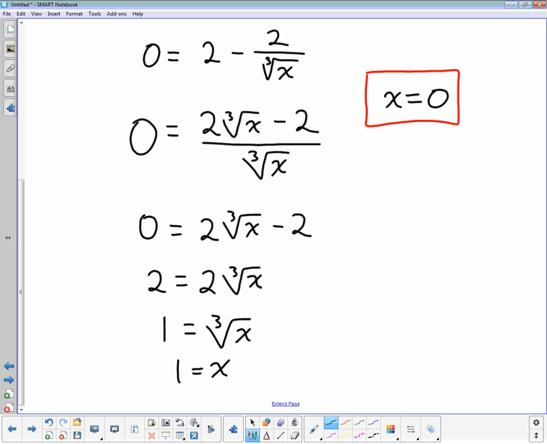Oh, right. Because if I multiply on both sides by the denominator to get rid of it, remember, what we're saying here is division by 0 is no good. So these are places that matter to me.